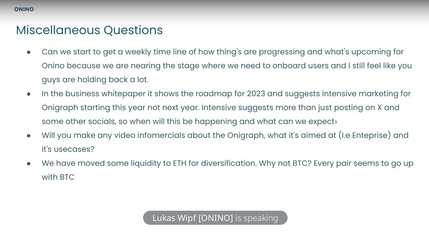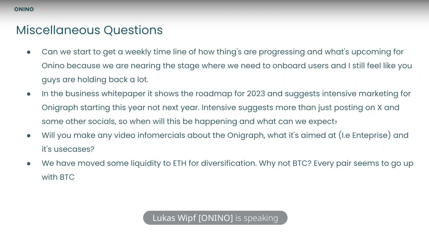In general, why we've chosen to move the liquidity to an ETH pairing is mainly two things. On the one hand, many people in our community have reached out to us and asked that a different pairing, for example with ETH specifically, would be much more beneficial and make it much more accessible, especially with our long-term plan of migrating a major part of liquidity pools over to the Ethereum mainnet, because the general activity there is just much, much greater than on most other networks out there.